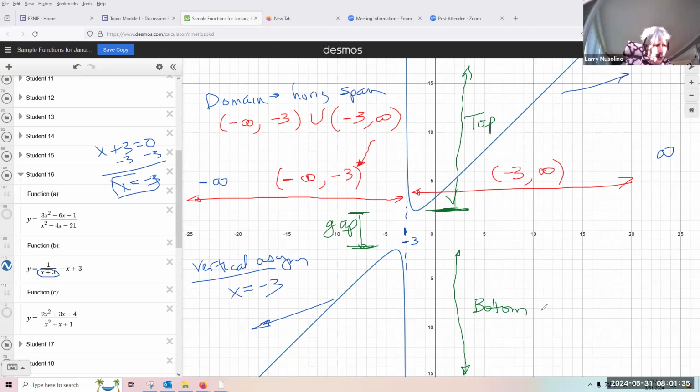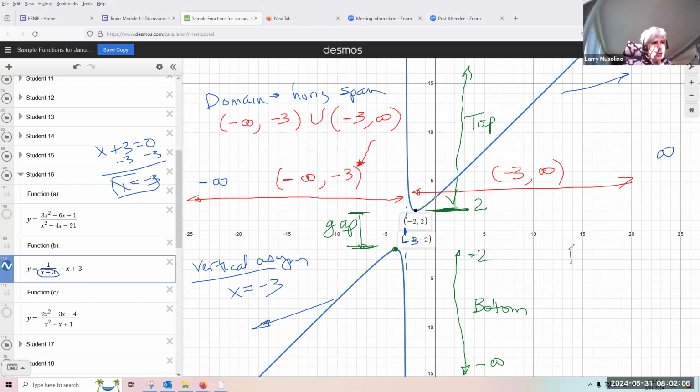Well, I know this is going from -infinity up to this maximum height right here. So let me figure out that point. So let me click my mouse there, and it looks like that y value is -2. And let me click on this one while I'm here. It looks like that y value is +2. So what I can write then is this is going to -2, and this is +2. Remember, we're focusing on the y values here.